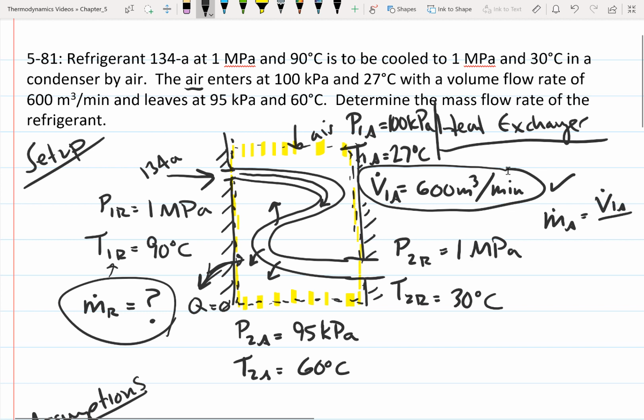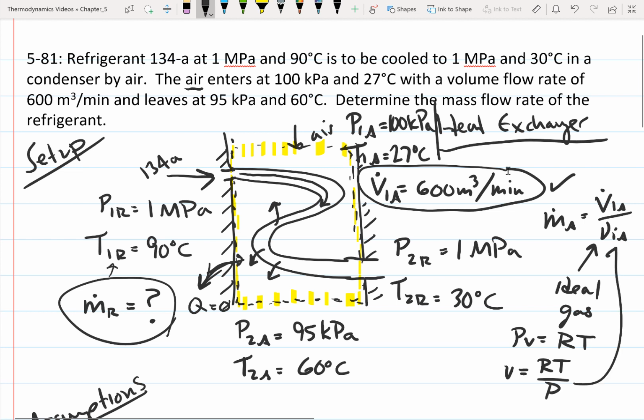V1, the volumetric flow rate at the inlet, divided by the specific volume. And since this is an ideal gas, we can just calculate this volume from the ideal gas law, PV is equal to RT, so we know that v is equal to RT over P. So we have everything we need to calculate the mass flow rate of the air.